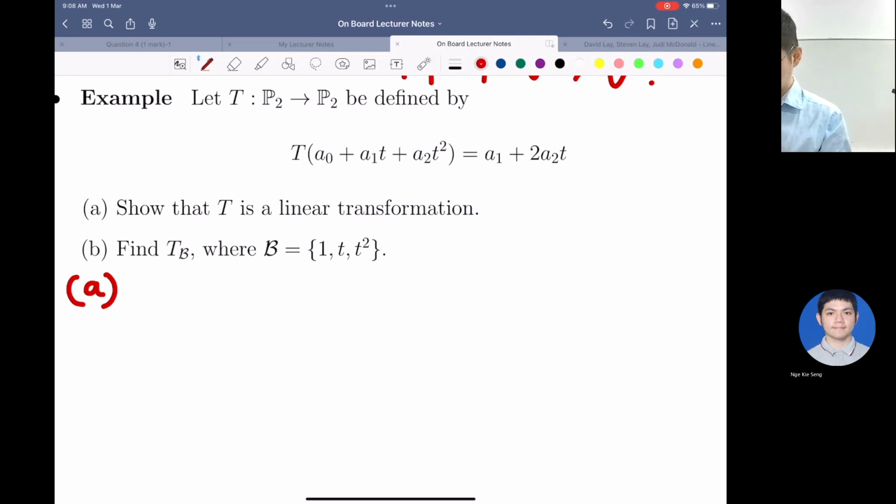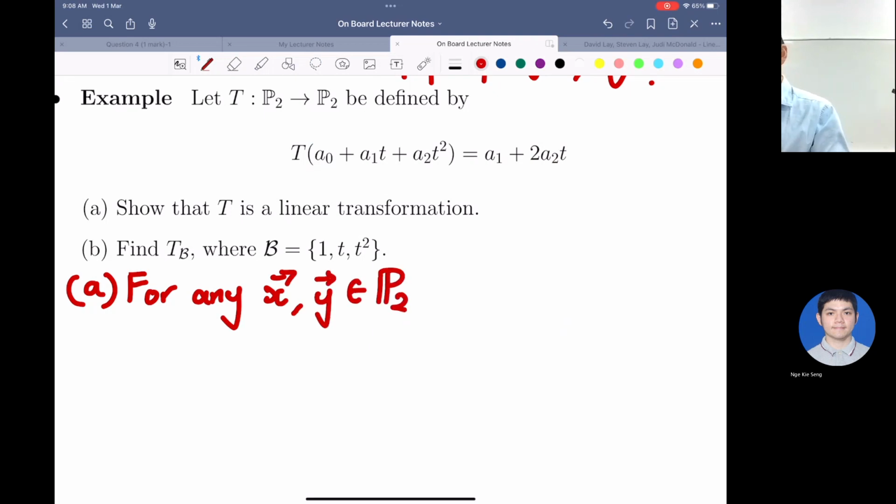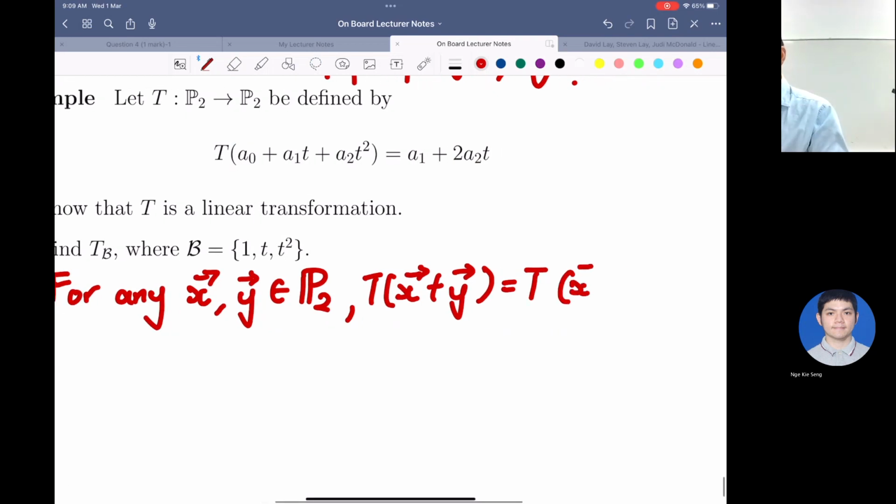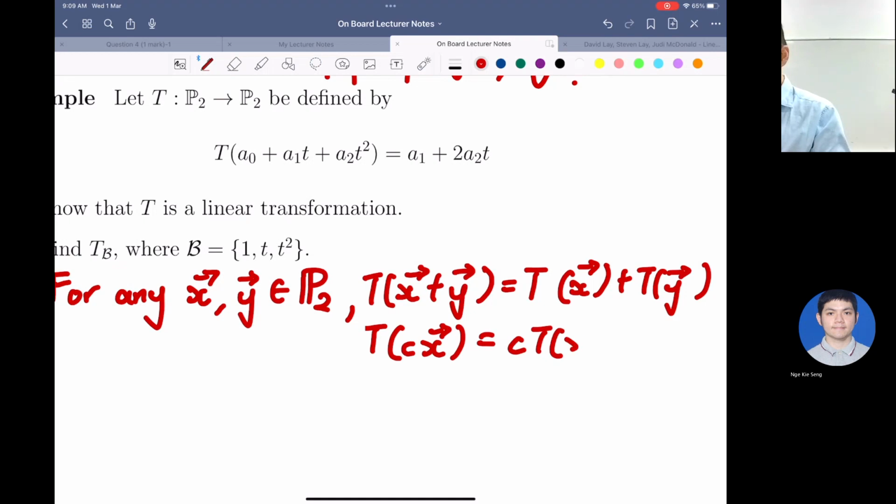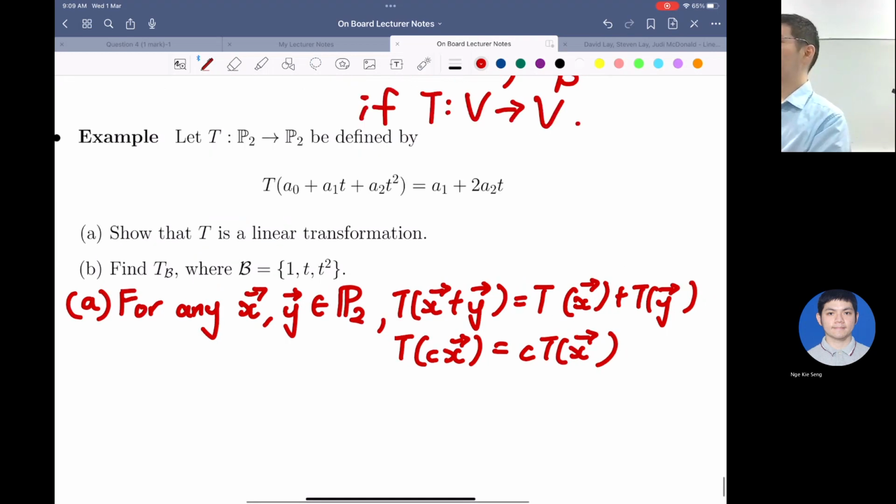We need to show that for any x, y in P2, T(x plus y) equals T(x) plus T(y), and T(cx) equals c times T(x). Check these two things.